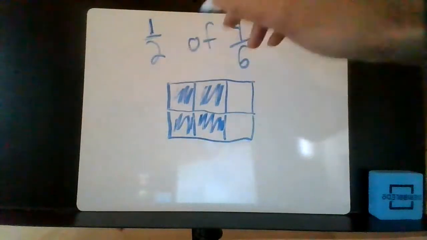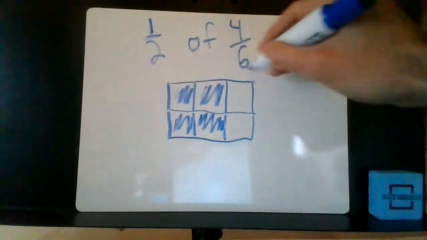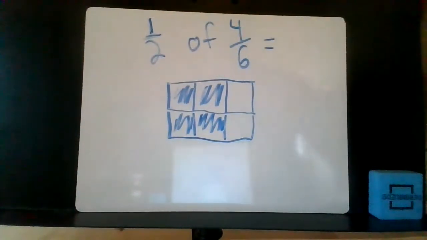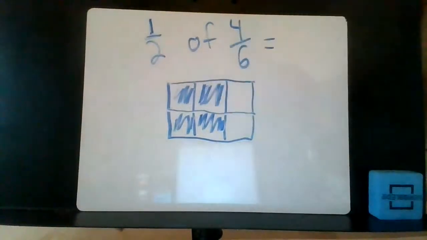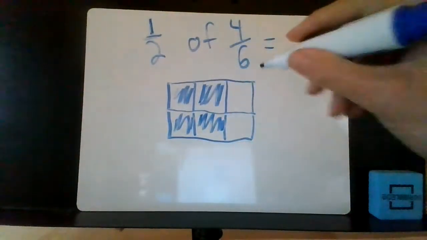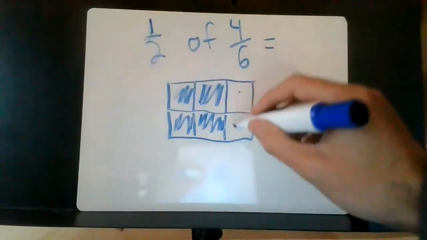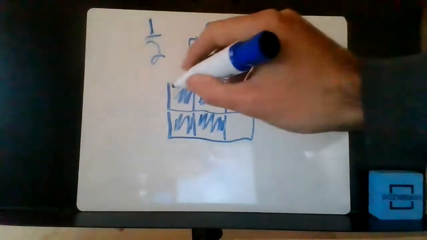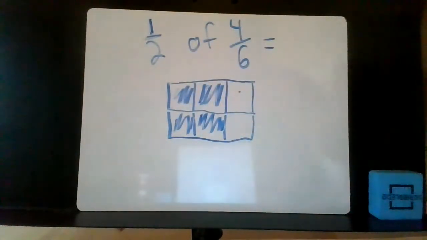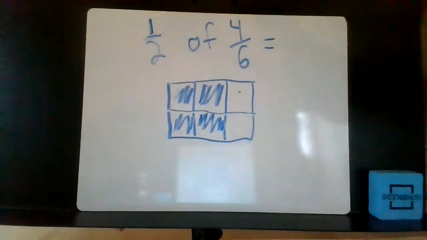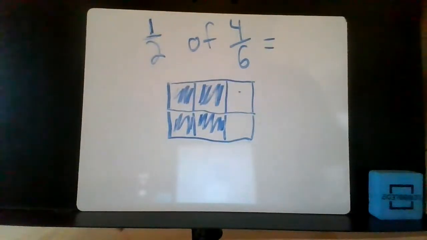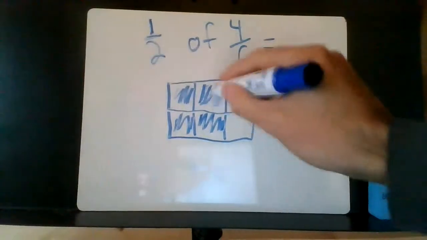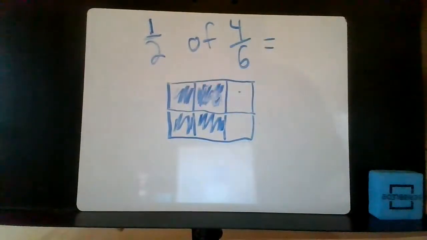and I am going to fill in 4 of them because I'm finding 1/2 of 4/6. So I need to start with 4/6. So here is my representation of 4/6. I've got a rectangle split into 1, 2, 3, 4, 5, 6 equal parts. I've shaded in 4 of them. Now I'm trying to find 1/2 of this quantity here, this fraction here.